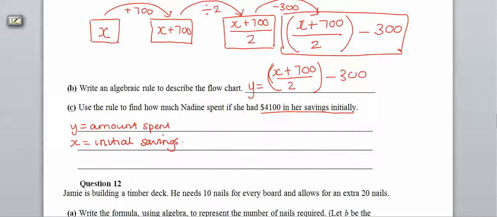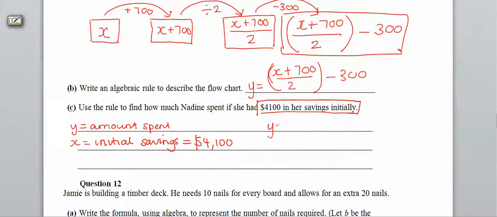So from the information here, we know that her initial savings were $4,100. So we can say that X equals 4,100. And then we just substitute X into our equation.